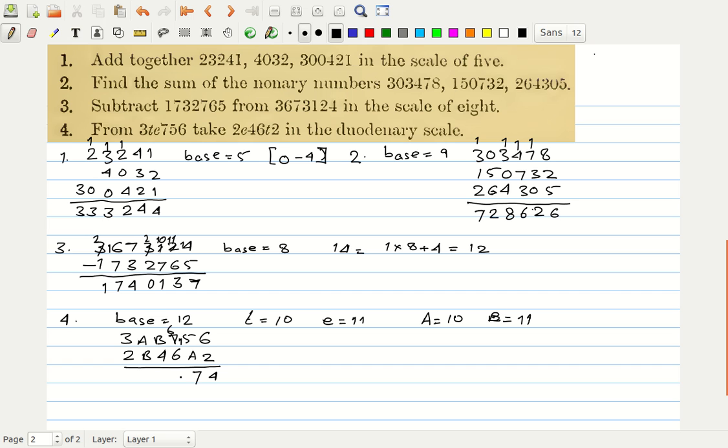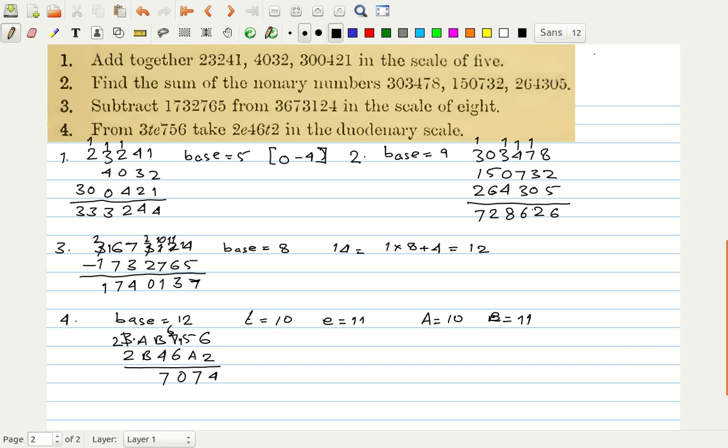Now this is 6 minus 6, which is 0. Again this is B. B is for 11. 11 minus 4 is 7. This is 10 and this is 11, so you have to carry over.